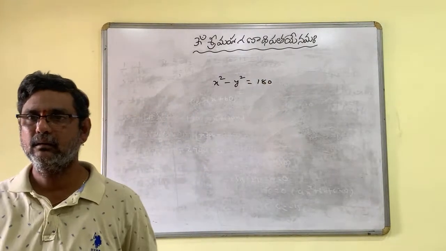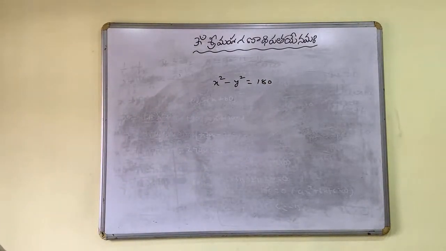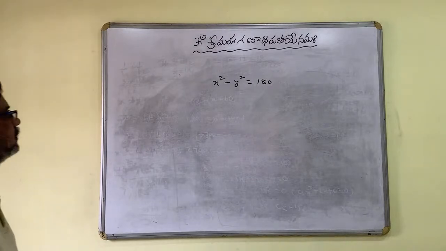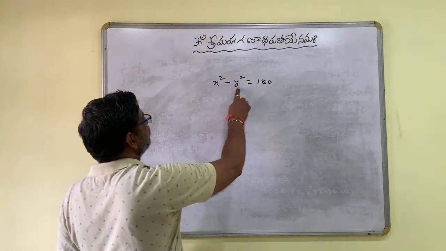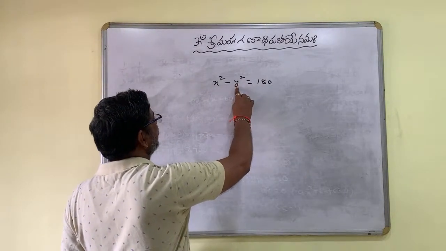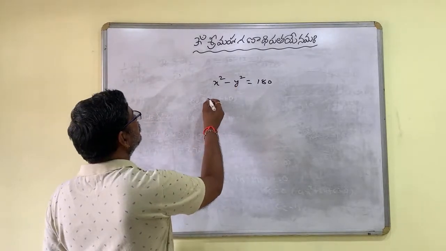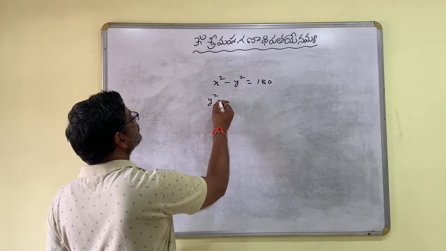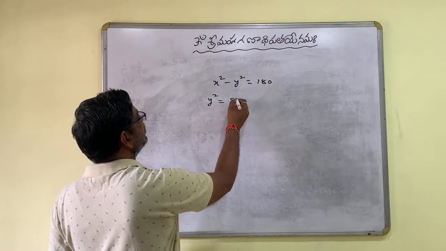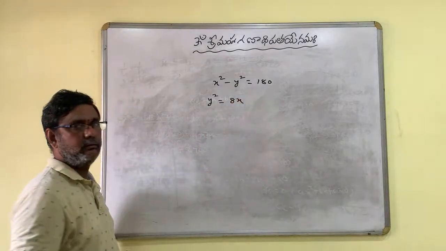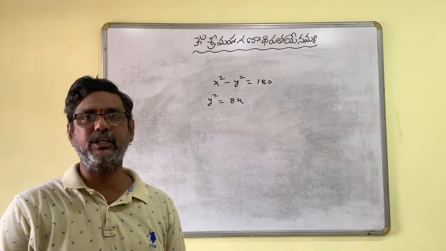Okay. Then the square of the smaller number. x square minus y square is 180, that means y is the smaller number.